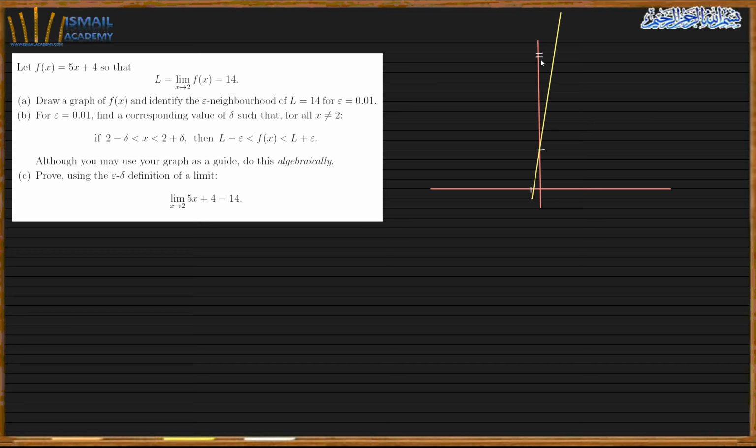The distance from here to here is 0.01. So here will be 14 minus 0.01, and I take the same distance here from 14, and this will be 14 plus 0.01. So my epsilon neighborhood is here.